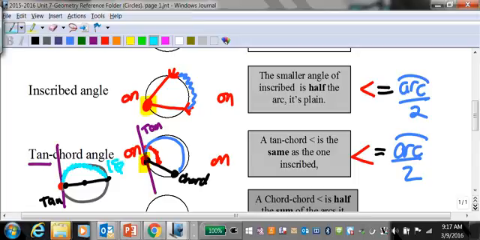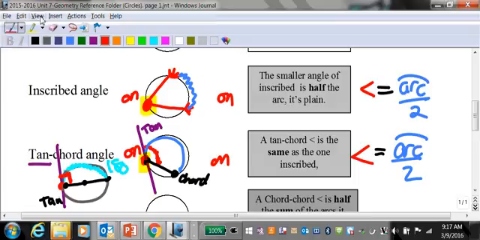Light blue is 180. So what has to be back here? It's half. That's where that 90 came from mathematically. Last class, I just had you trace it, and it felt like 90, must be 90. Well, that's why.